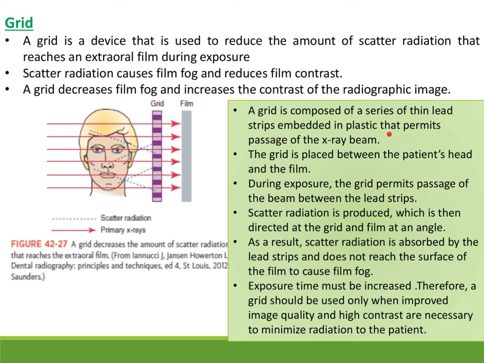During exposure, the grids permit passage of the beam between the lead strips, and the scattered radiation, the secondary radiation from the patient, that gets deflected and reaches the film, is blocked. So in order to avoid scattered radiation reaching the film, we use grids.